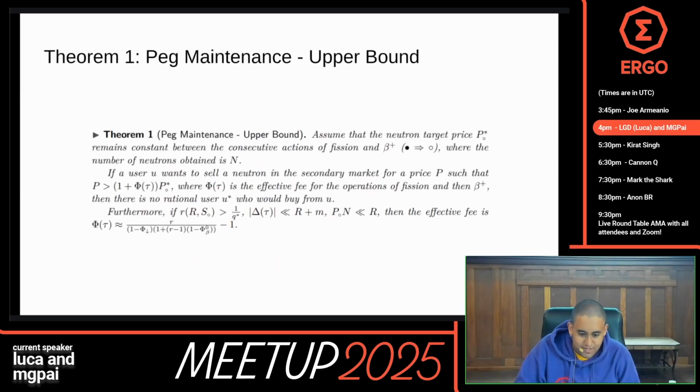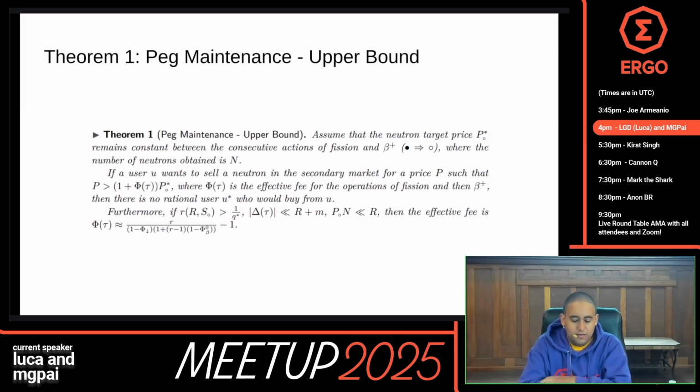So the first important theorem is we want to make sure that the peg gets maintained, so the price doesn't diverge, right? So when we're in the peg state, so the stablecoin price in that equation that I showed before equals the oracle price, we show that the price you pay is bounded within a certain limit.